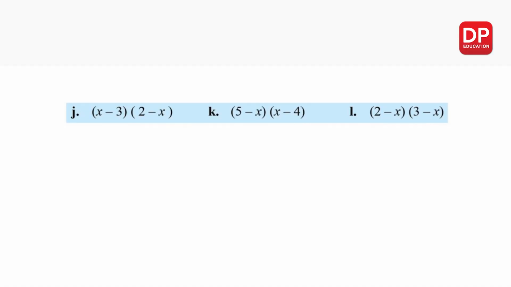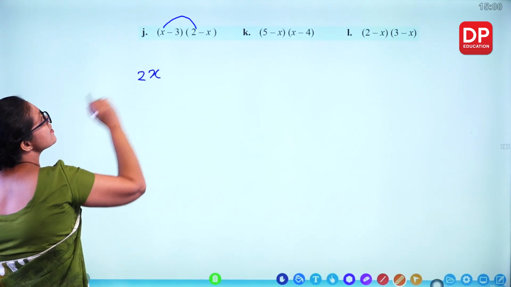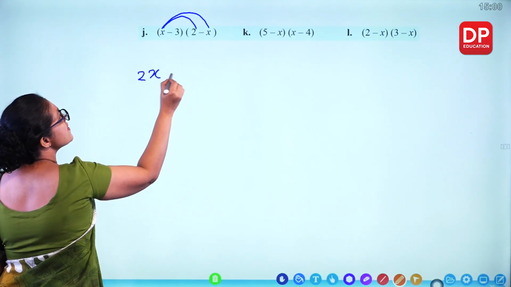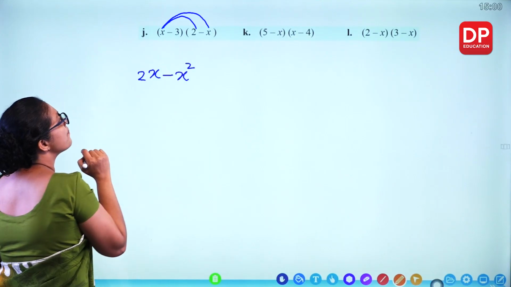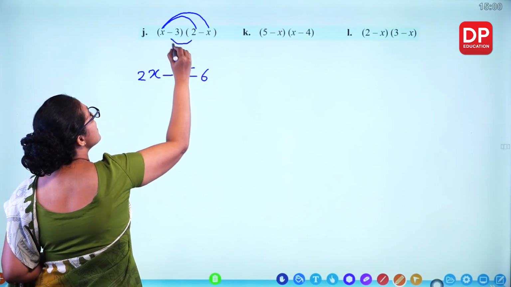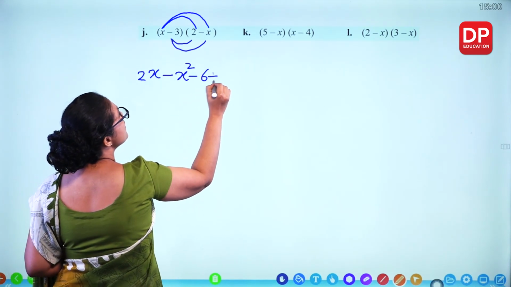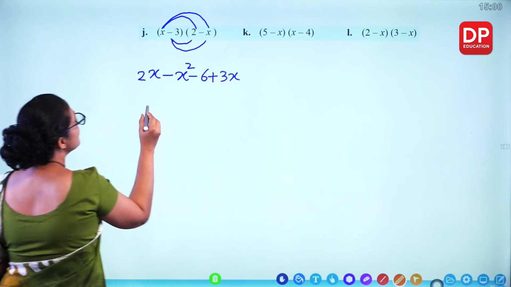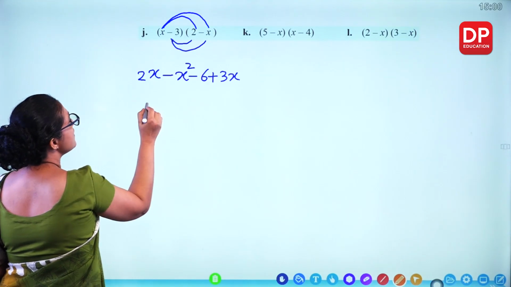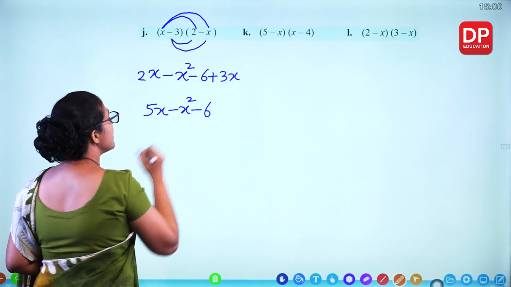This one, x into 2, 2x. x into minus x, minus x squared. Minus 3 times 2, minus 6. And here minus and minus becomes plus 3x. Now simplify, 2x and 3x, 5x minus x squared minus 6.